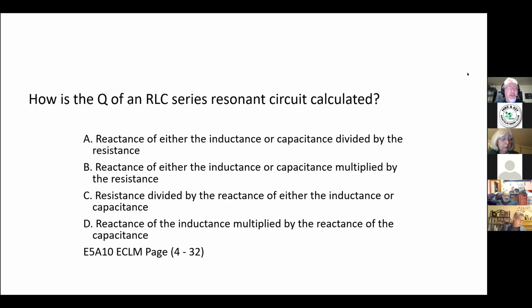Or D, reactance of the inductance multiplied by the reactance of the capacitance. A. Alpha is the correct one on this one. The reactance of either the inductive or the capacitance divided by the resistance.